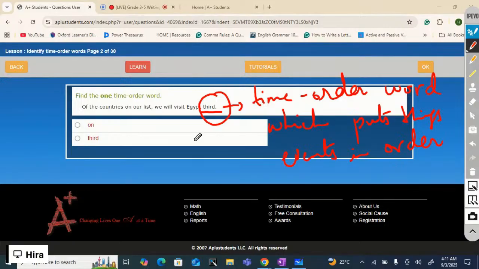So, third is that time order word because we are learning sequence of events. So, whenever you write something, you must know how to put the sequence in order and how to put things in a proper sequence using time order words.